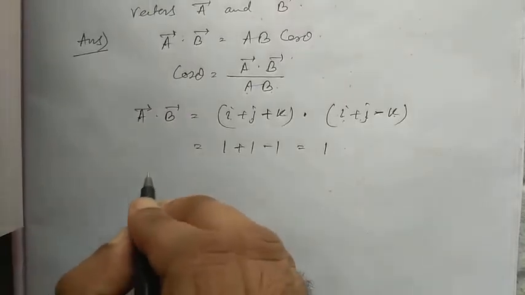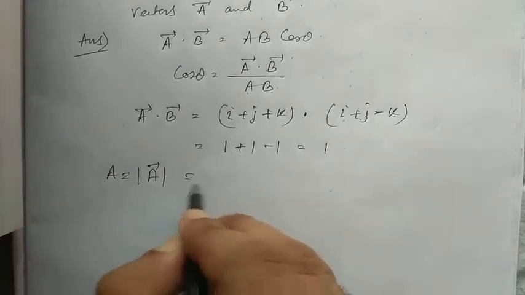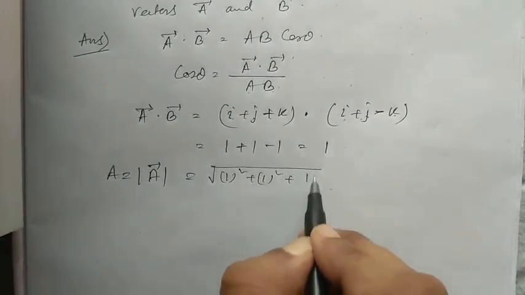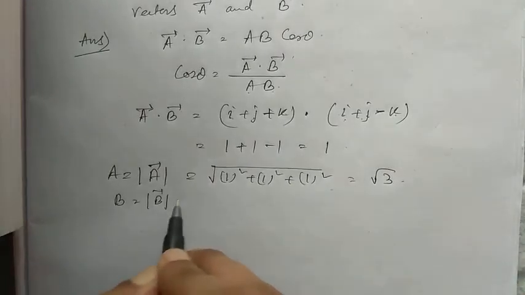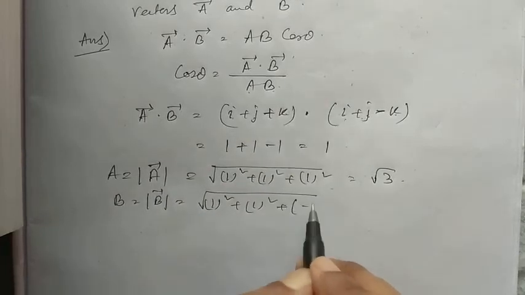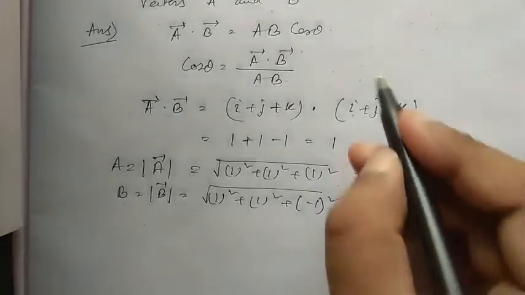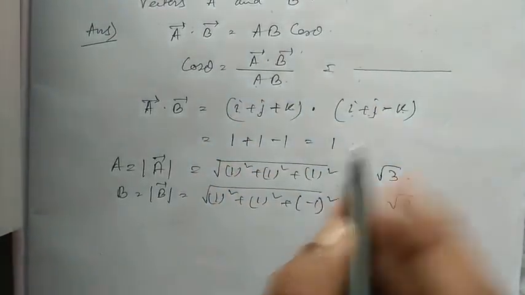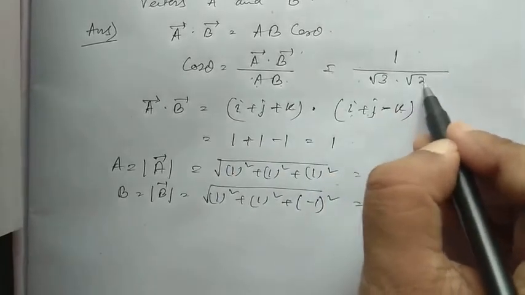Now, what is the magnitude of A? Magnitude of vector A, or simply A, is 1 square plus 1 square plus 1 square, which results in root 3. Similarly, B will also result in root 3. So replacing all the values here, A dot B comes out to be 1, and A is root 3, B is also root 3.